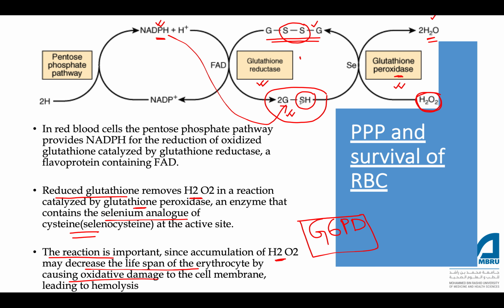In turn, this particular cycle is deficient in these people, leading to hemolysis. So what I want you to do is to read about glucose 6 phosphate dehydrogenase deficiency from your textbook, and I am sure that we will discuss more about it in the tutorials on pentose phosphate pathway.